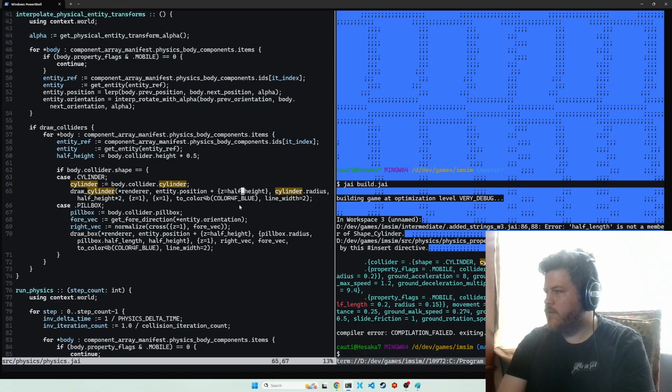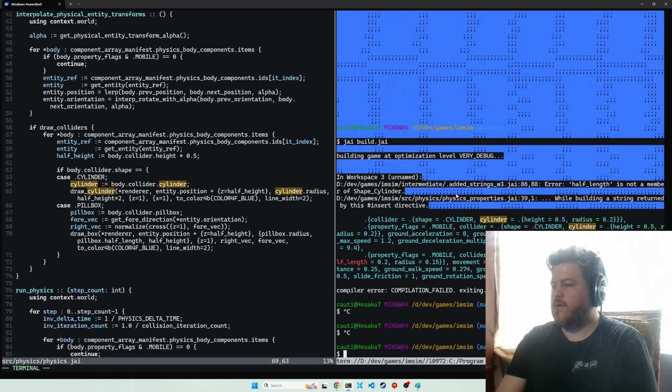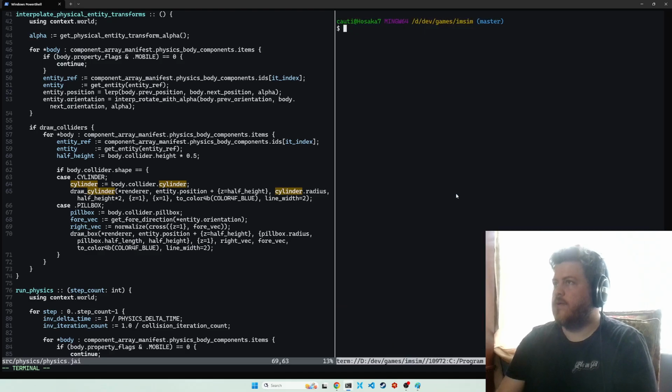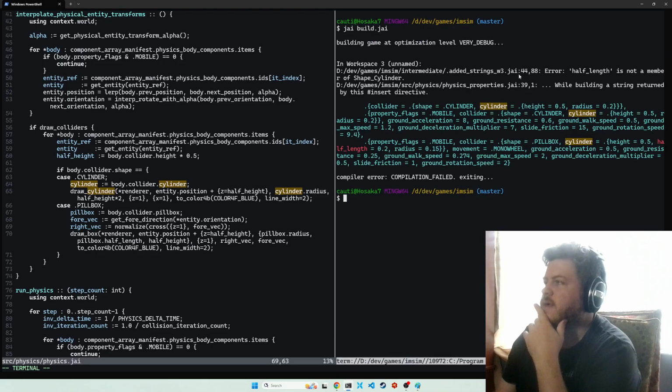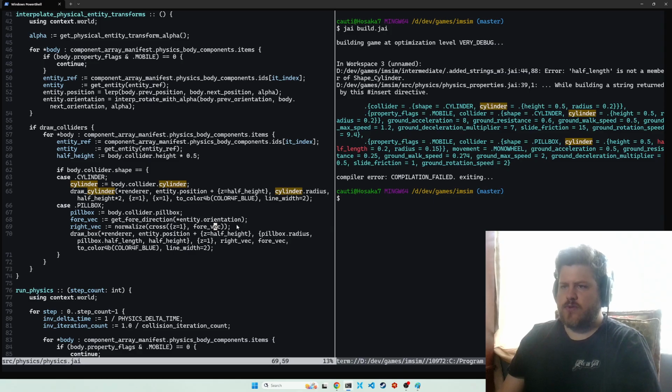Oh, I'm having a hard time reading this. Half length is not a member of shaped cylinder. That is true, because it shouldn't be a cylinder.